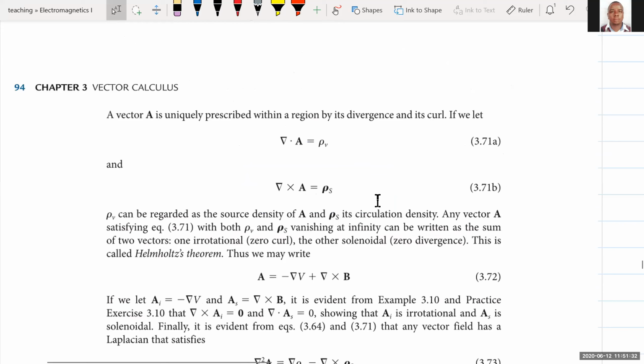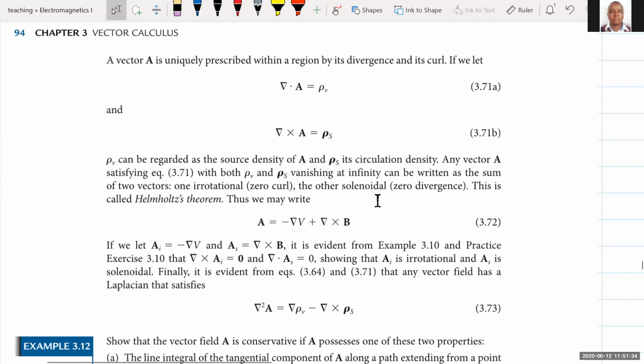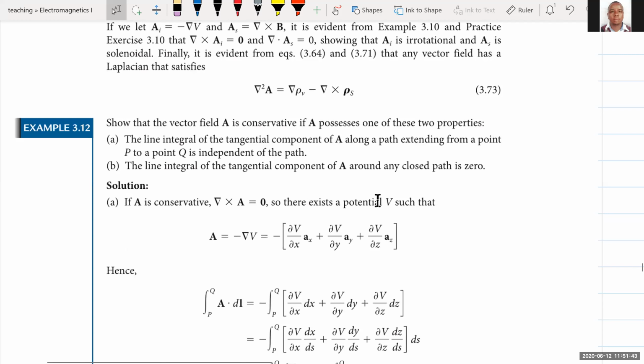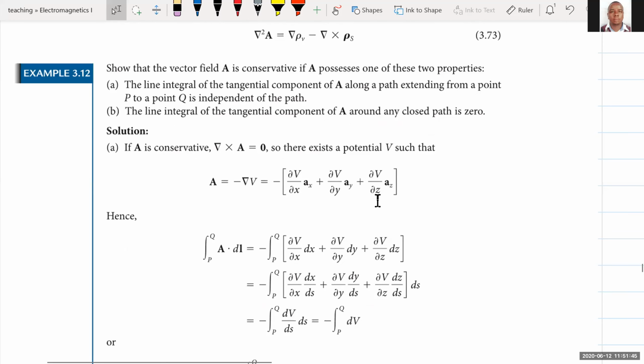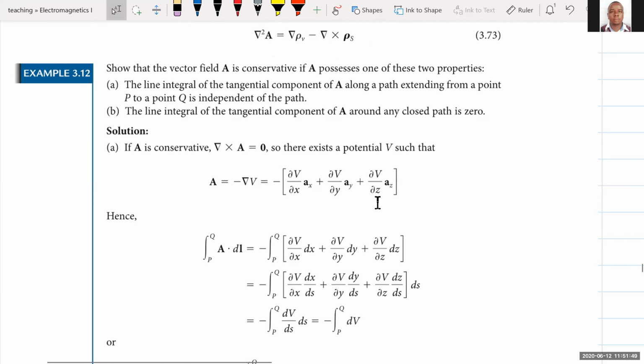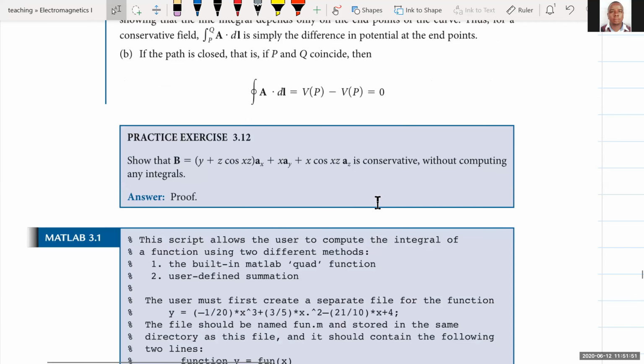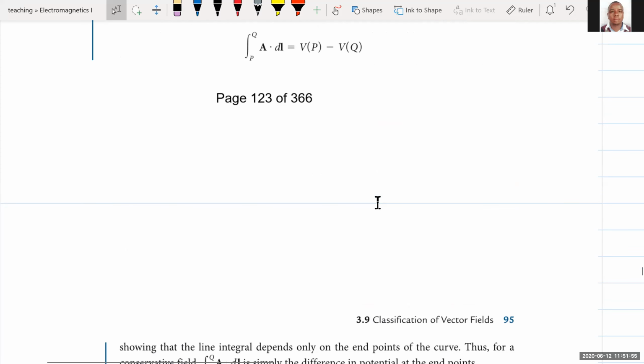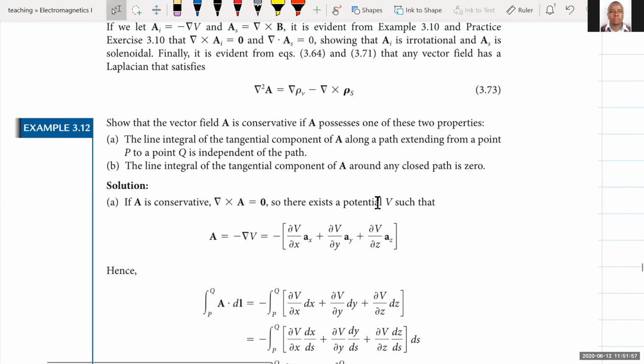So that for me marks the end of this lecture. We have done plenty of examples, so on your own, you can capture the examples and try to do more. But that is the end of today's lecture.